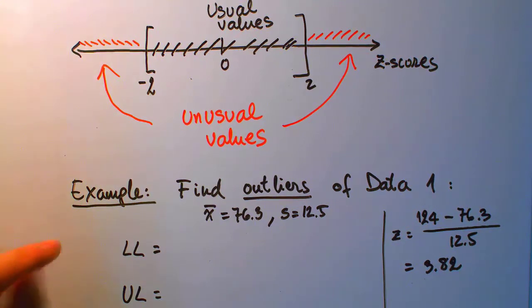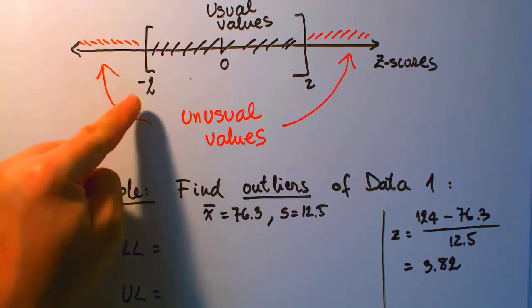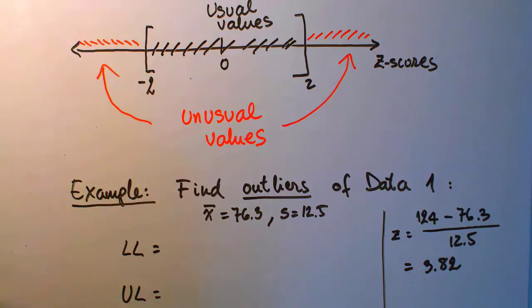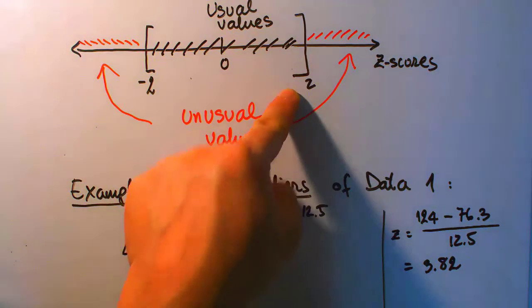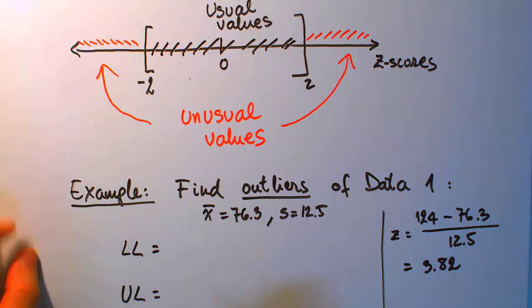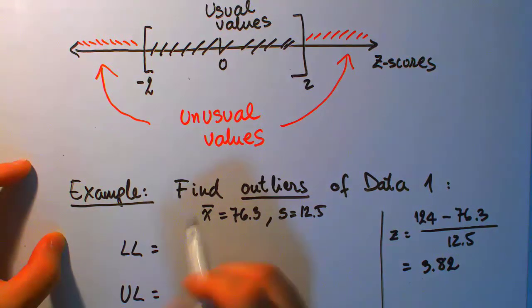The idea now is that the low limit is some value relative to the data that corresponds to a z-score of -2. And the up limit is the value relative to the data that corresponds to the z-score of +2. And so in that way, I am going to go from the mean value.